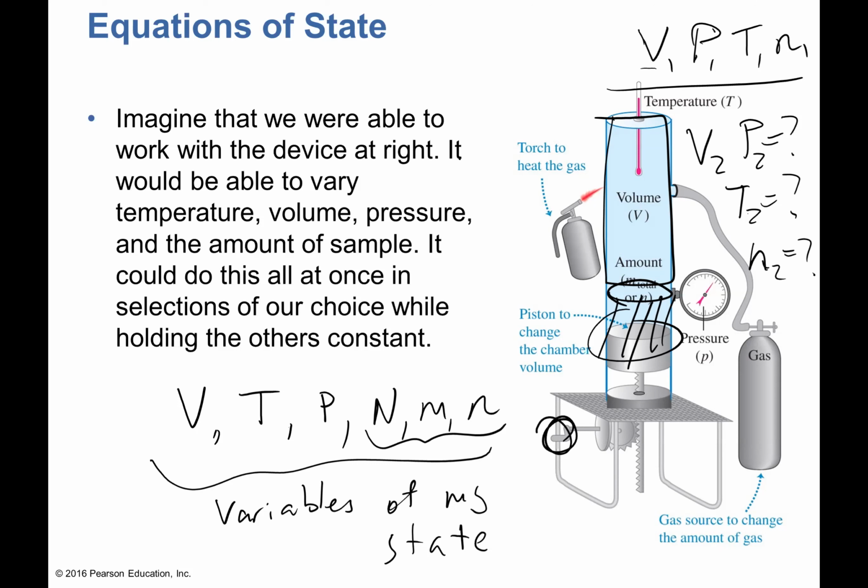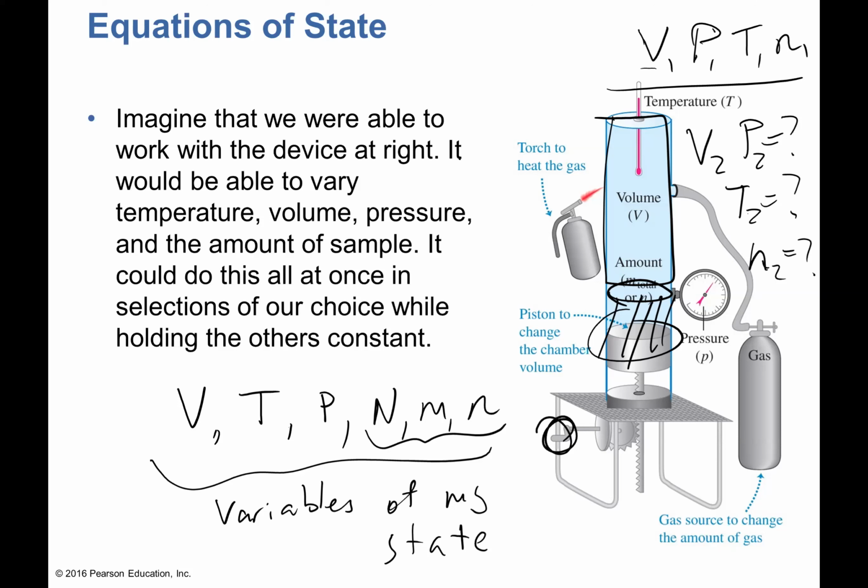Let's say we compress and then start measuring things all over again, or we expand and start measuring things all over again, and then we see what happens to the temperature and to the number of moles when you increase the pressure or the volume.